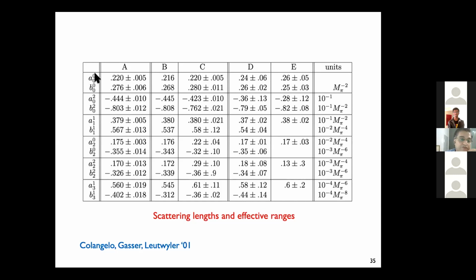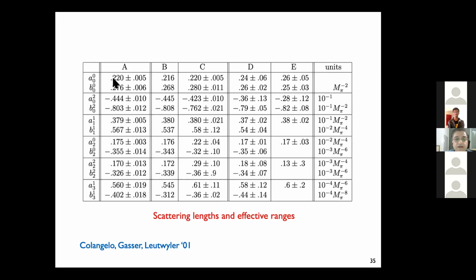So the A's here in this table are scattering lengths, and the B's are effective ranges. Now, I will give you a formula for what these scattering lengths and effective ranges mean. But essentially, the superscript corresponds to isospin. So this is basically a problem having O(3) symmetry, and there are three kinds of pions. So you can see the superscript running over 0, 1, and 2. And the subscript corresponds to the Lorentz spin. So that is what this table means.